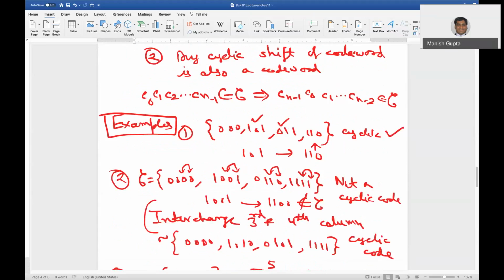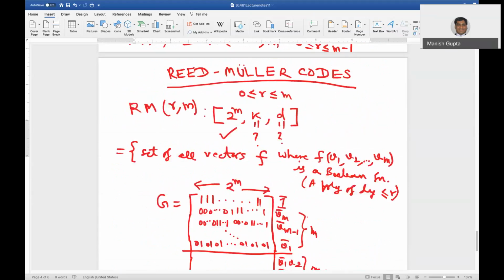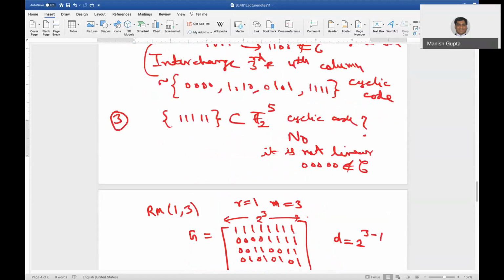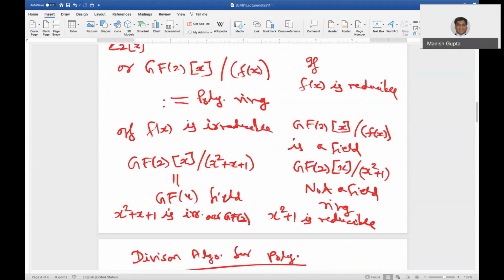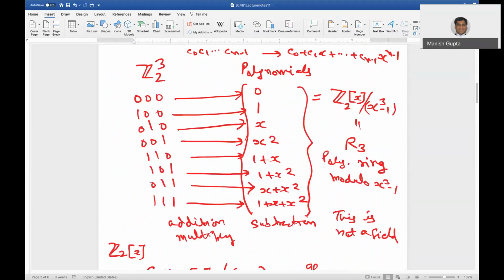Keeping this definition in mind, let us look again at the polynomial ring example which I showed to you. If you take this polynomial ring, I call it R. I try to extract an ideal from here.